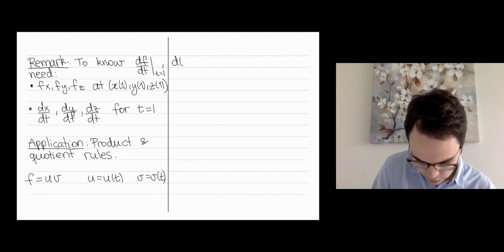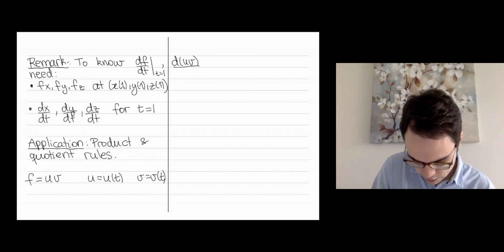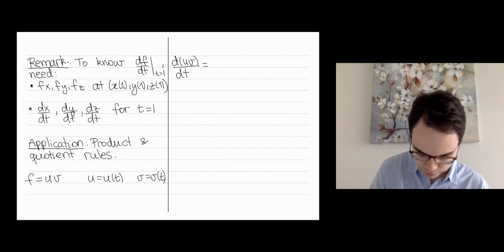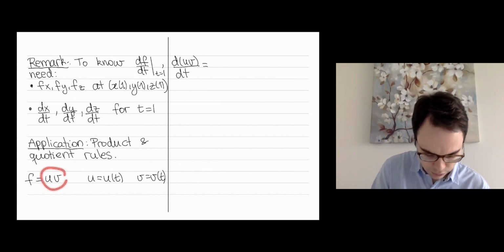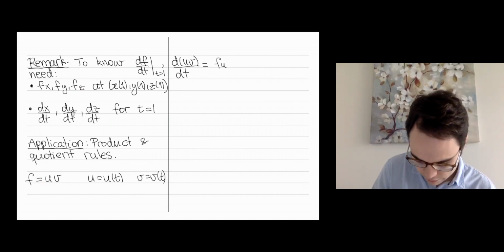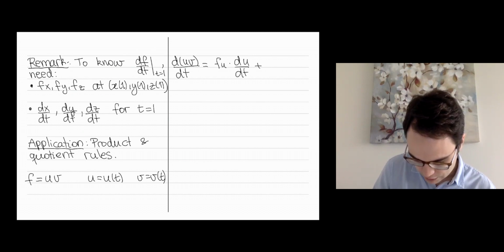The derivative d of uv dt, the derivative of the product, is equal to the u partial of f times du dt, plus the v partial of f times dv dt.